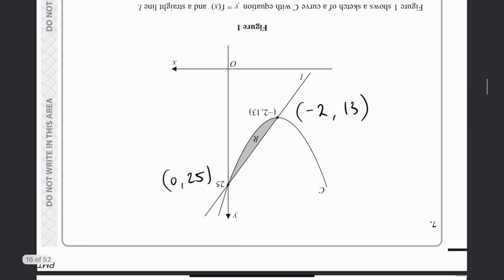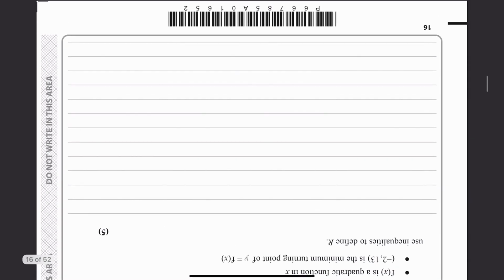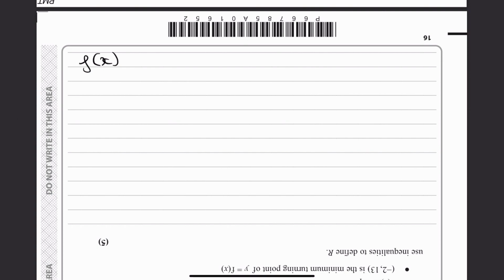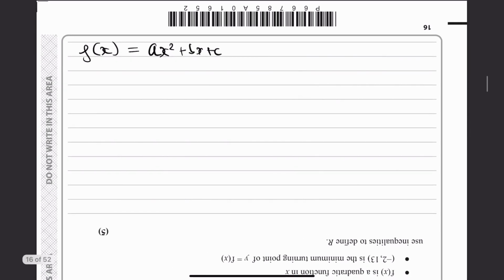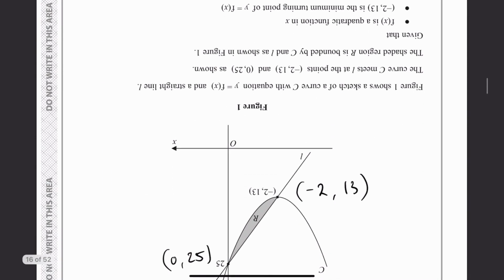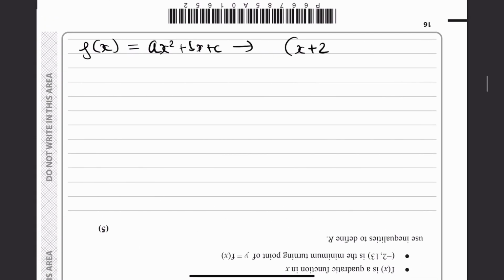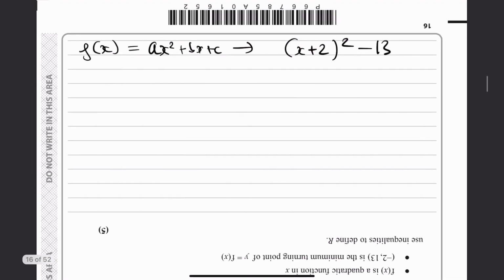Okay, this is actually looking like a nice question. So f of x is a quadratic, so ax squared plus bx plus c, and you're given minus 2 is the turning point. So what you can do is, if you put it into completed square form, it's going to be x plus 2 squared plus 13.